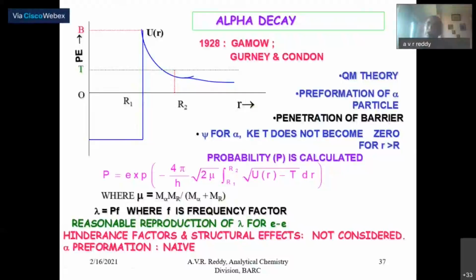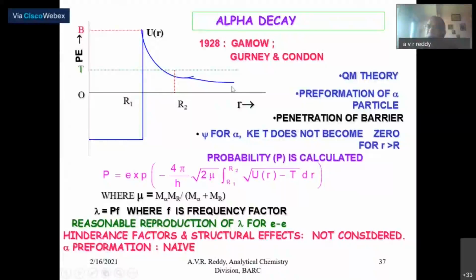I suppose all of you understand that if there are two charged particles, one with atomic number Z1 and the other Z2, and you bring them together, then the Coulombic repulsion, which I have shown here, is given by Z1 Z2 e square by the internuclear distance R.